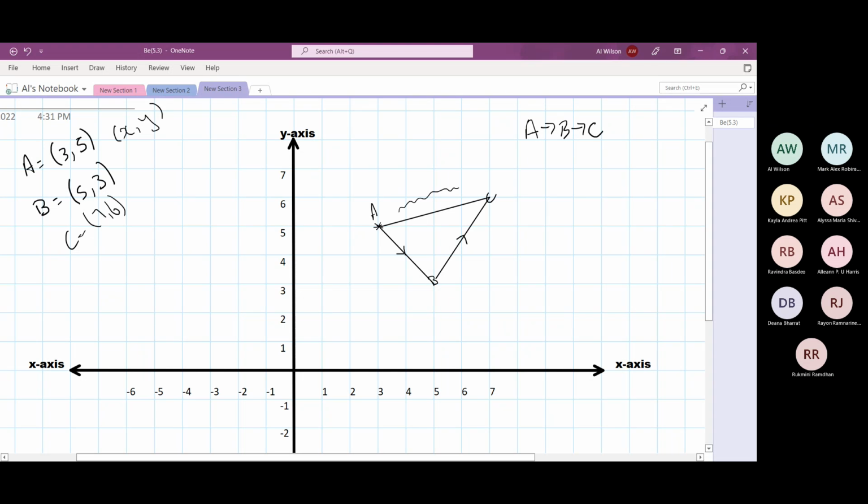You would still need to just draw a line connecting A to C. This is what we'll be doing come Monday, when I will give you graph paper. You would have to plot your points and draw shapes based on those points.